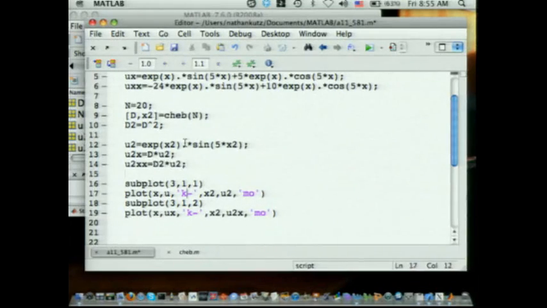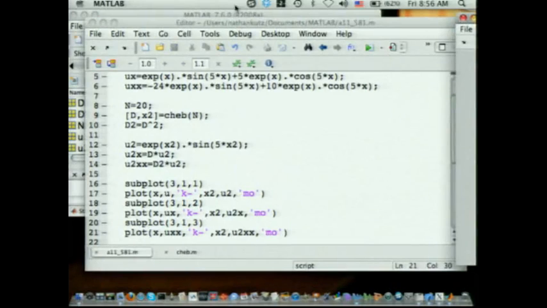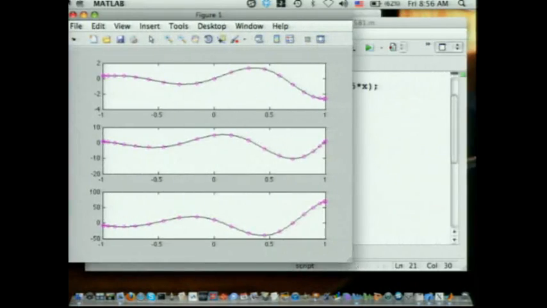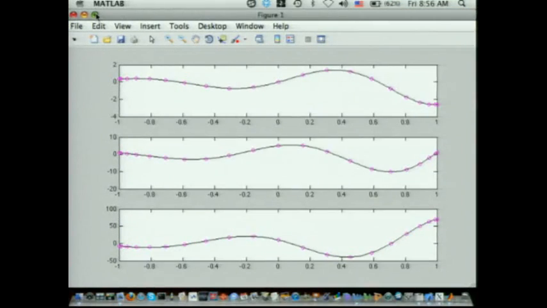Then we can plot that. Subplot 3, 1, 3. Plot x, uxx. Again, black line. x2, u2xx in circles, and now we have the first derivative and second derivative. Okay, there you go. 20 points I can do this in.